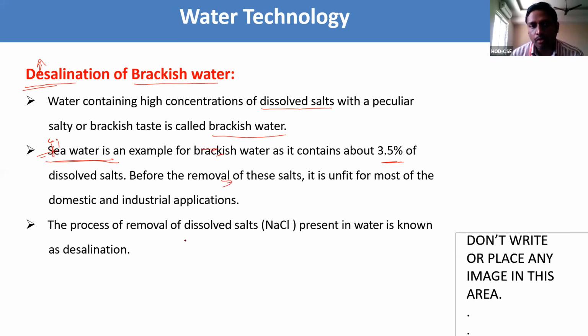The process of removal of dissolved salts like NaCl present in the water is known as desalination.